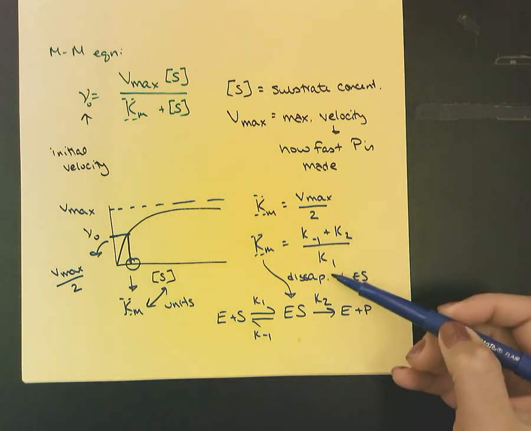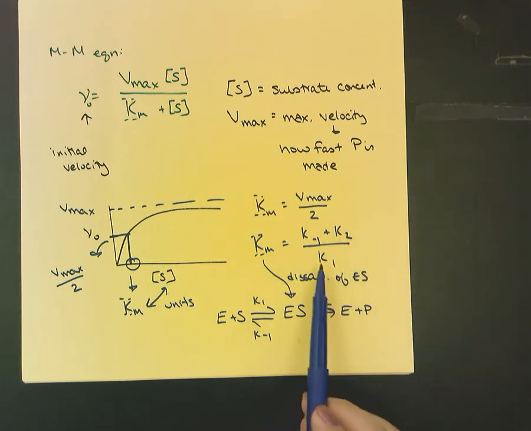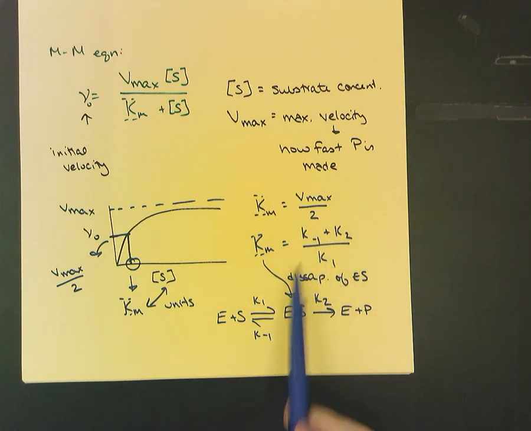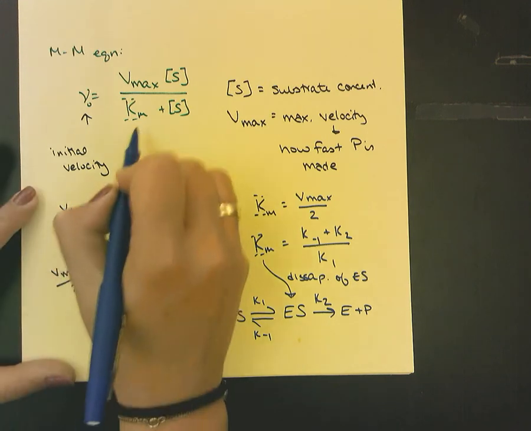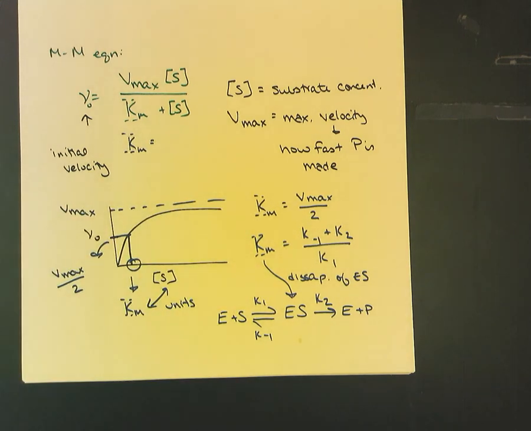The denominator is a measure of making ES. So you could think about it as products over reactants. That's a good way to think about it. That there are two ways to make products out of ES over one way to make ES. If that is more logical, that's a good way to think about it too. All right, so those are all true. There's another way that we could define Km, which is in words.